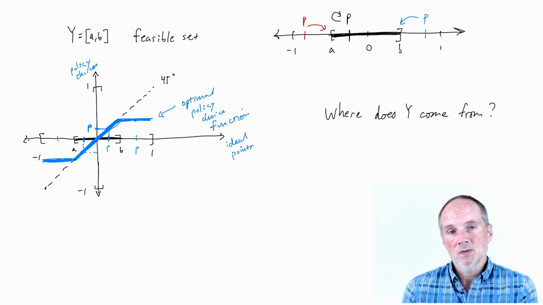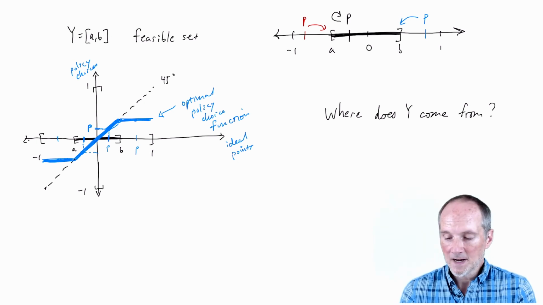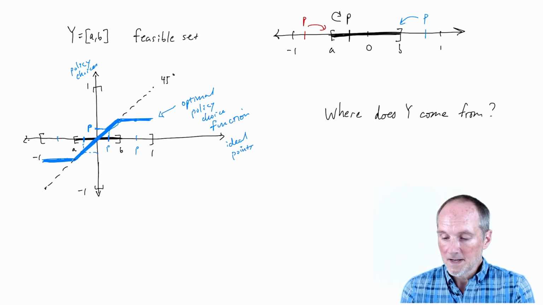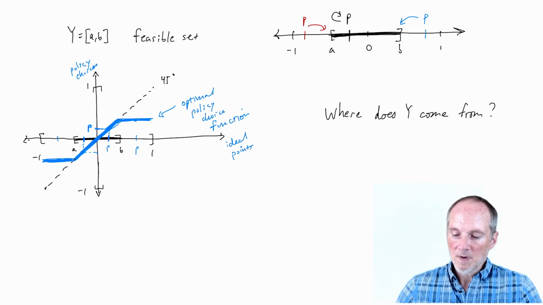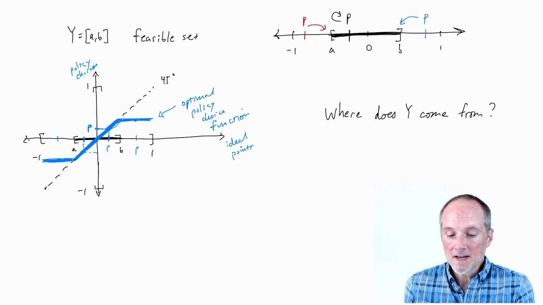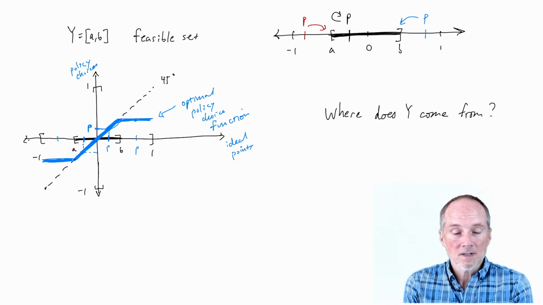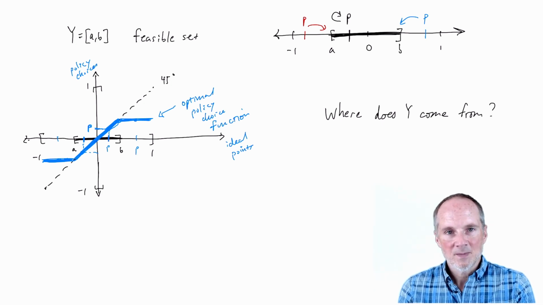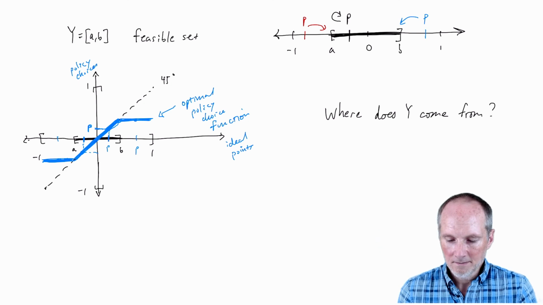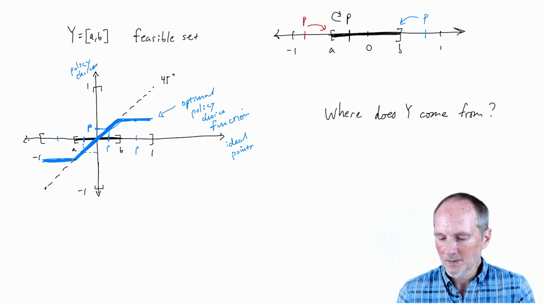Suppose that a politician has to interact with another politician or a voter in order to enact policy. And we're going to see that in a more complicated model of politics, you can get something that looks like this, where there's a feasible set. This might seem pretty abstract, but we'll get it out of, I think, a more interesting model. All right, so that's coming up in the next installment.